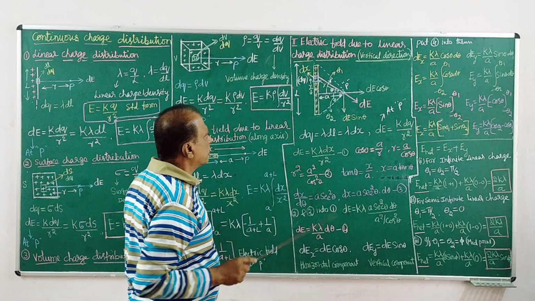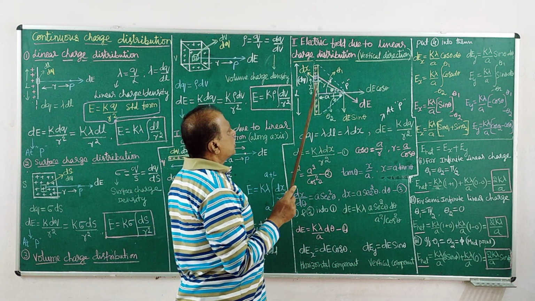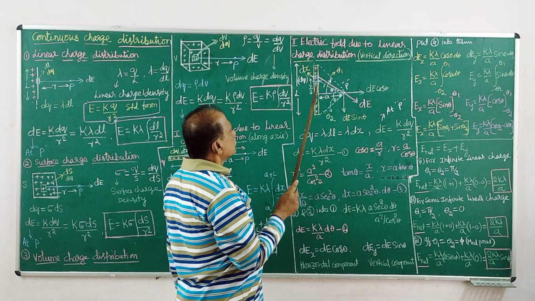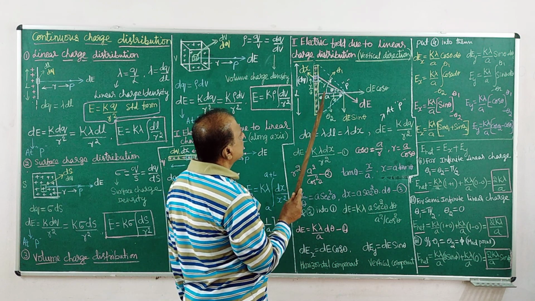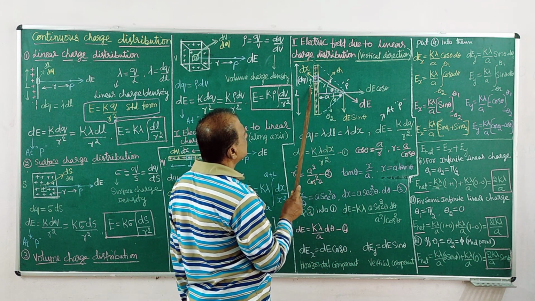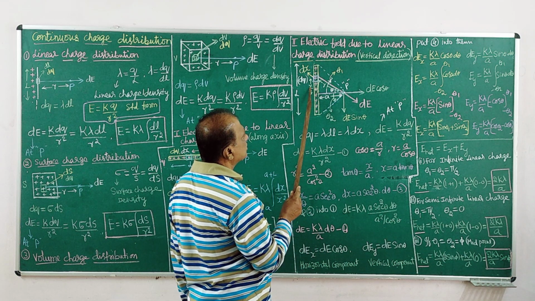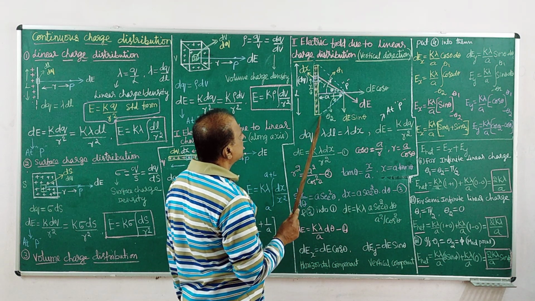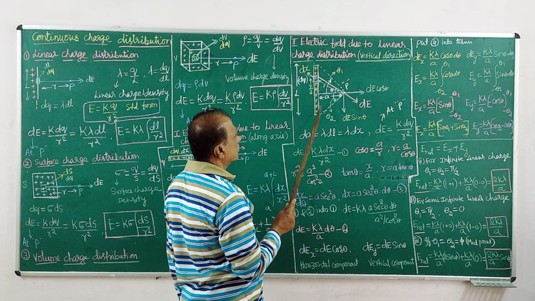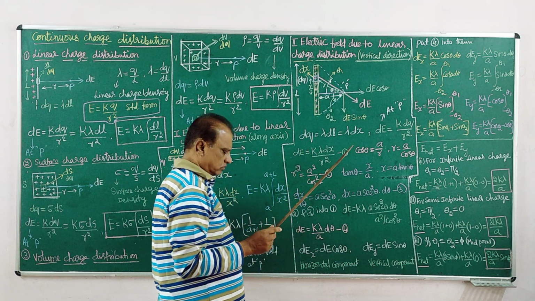Also, the distance between this point and the foot of the perpendicular is x. The total length of this linear charge is L.